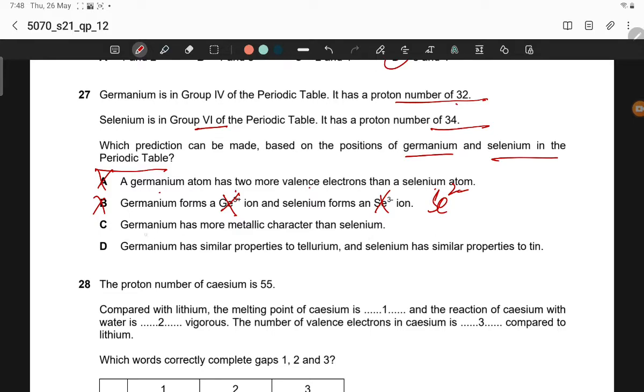Yes, across the period, because germanium is in group 4 and selenium is in group 6, so germanium has more metallic character than selenium. Germanium has similar properties to tellurium and selenium has similar properties to tin. This is also incorrect because tin is present in the same group as germanium, so it is also incorrect.